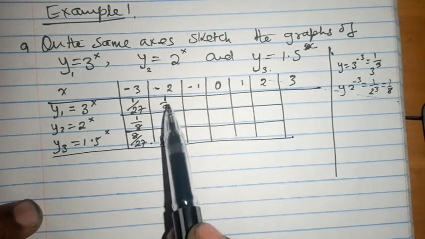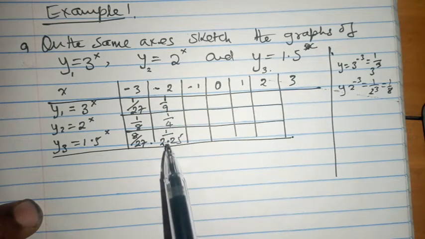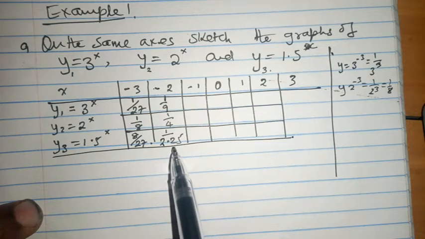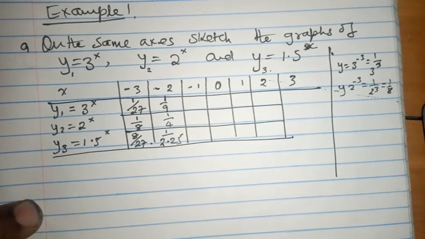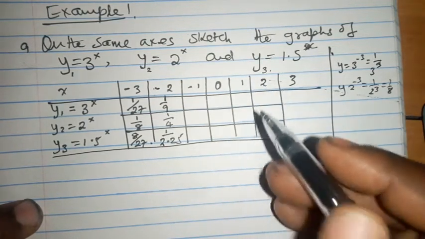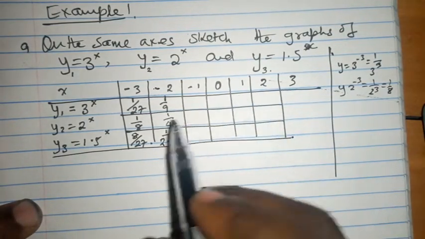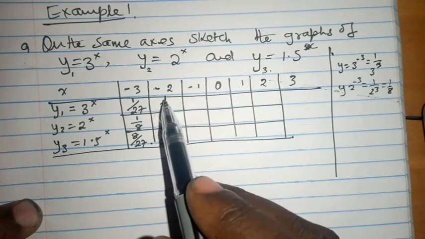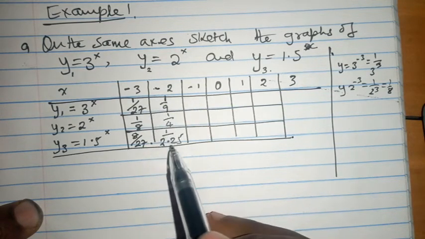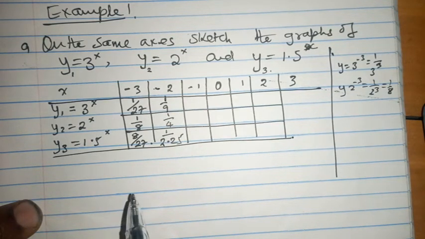So this shows us a very clear picture that 1 over 2.25 is greater than 1 over 4, and both of them are now greater than 1 over 9. We may not have time to fill the whole table, but I've explained what I wanted you to see, and I'll also display it in the graph.